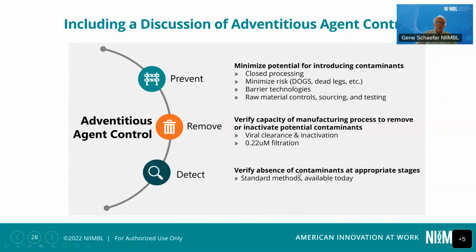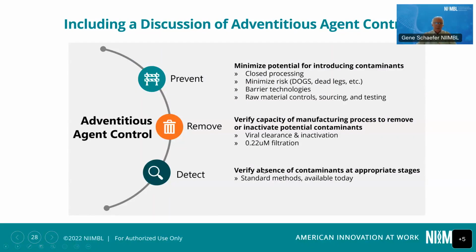And we also include a chapter on adventitious agent control strategy, and really highlighting three elements of that: prevention, removal, and detection. So the two elements of control are really prevention and removal. So minimize the potential for introducing contaminants and verifying the capacity of the process to remove or inactivate potential contaminants.